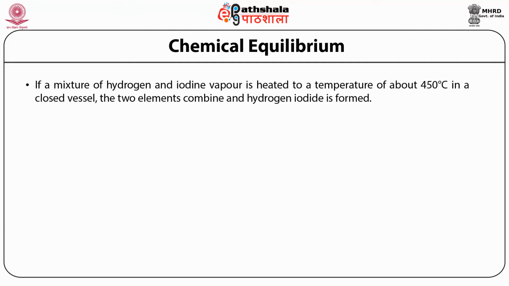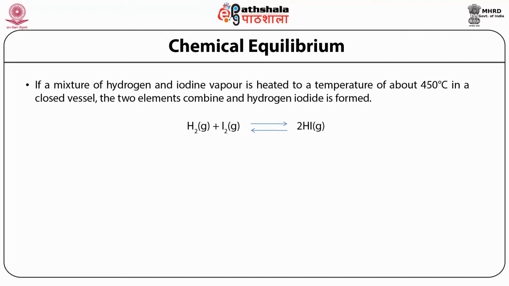If pure hydrogen iodide is heated in a closed vessel to a temperature of about 450 degrees centigrade, the substance decomposes to form hydrogen and iodine. But again, no matter how prolonged the heating is, some hydrogen iodide remains unchanged.